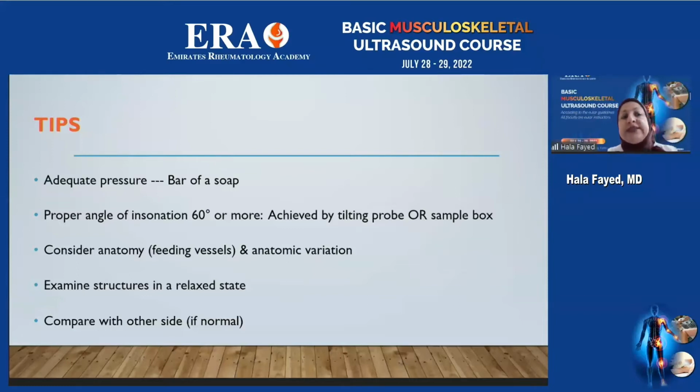Second is the proper angle of insonation, 60 or less, which is achieved by tilting the probe or sample box. And consider the anatomy, because some feeding vessels may be there and should not be mistaken for Doppler activity. Also, consider some anatomic variations, and examine the structure in a relaxed state.